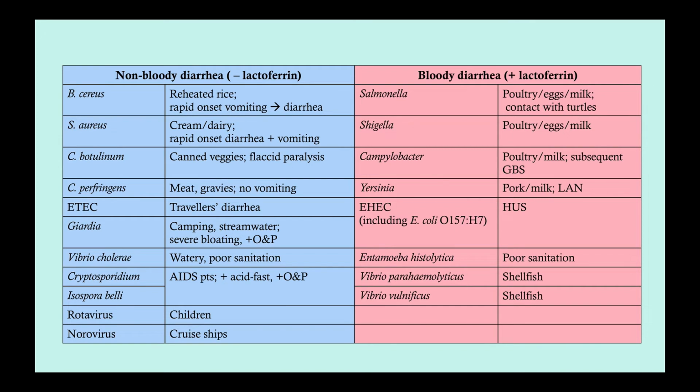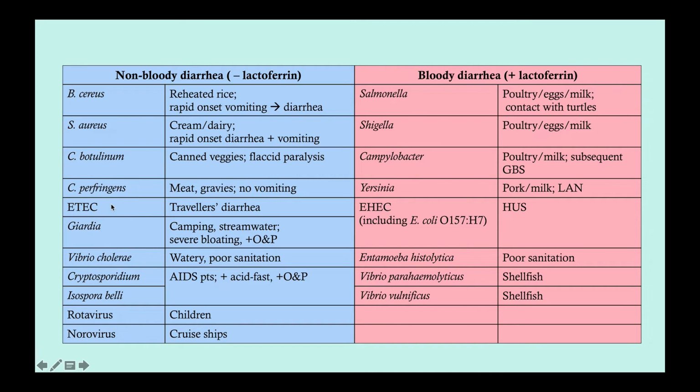What that is there for is that if there's gas on the inside of the bottle, it will cause the top to pop up, so that if you press down, you'll notice that there's gas inside. So that's what that's for. If you have an expanded, swollen can of vegetables, you don't want to eat that because that's botulism. Clostridium perfringens, like I said, meat and gravies, typically just diarrhea, no vomiting.